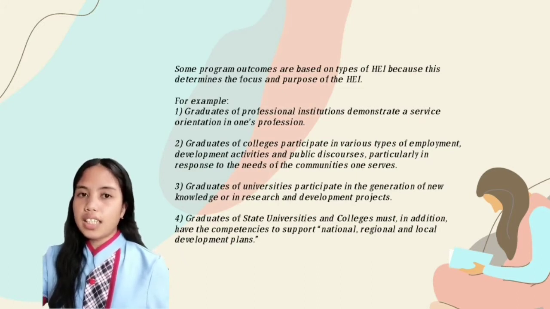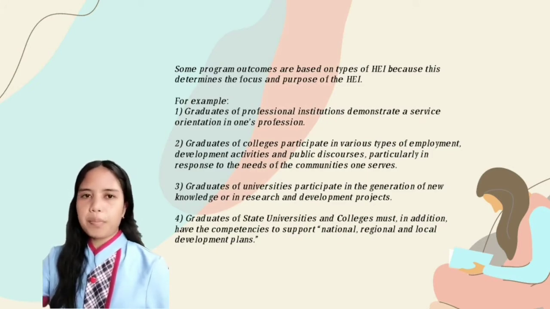Graduates of universities participate in the generation of new knowledge or in research and developmental projects, and graduates of state universities and colleges must, in addition, have the competencies to support the national, regional, and local developmental plans.